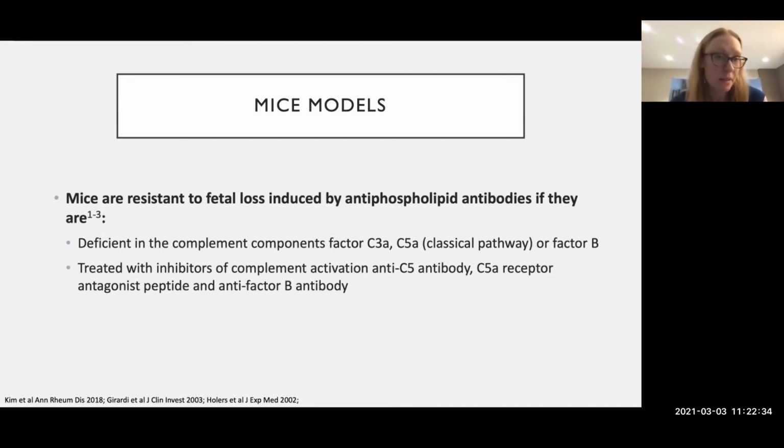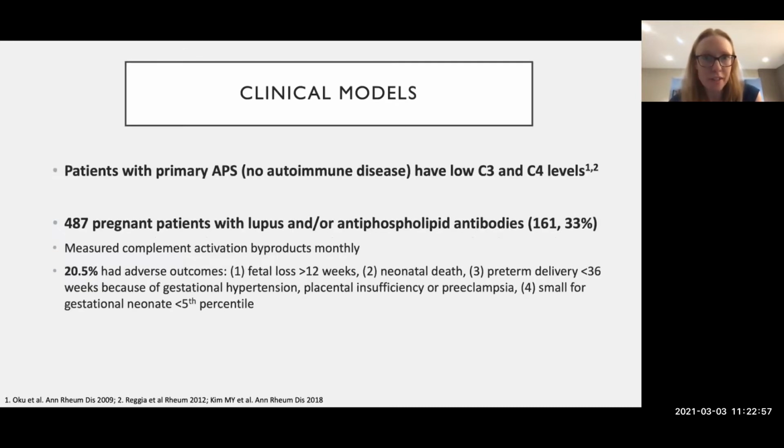And treating these mice with inhibitors of complement activation also leads them to be resistant to the fetal loss. So a clear role for complement, still trying to find that balance and how much each pathway is involved, but definitely a lot of evidence towards the classical pathway in these placental and mice models.